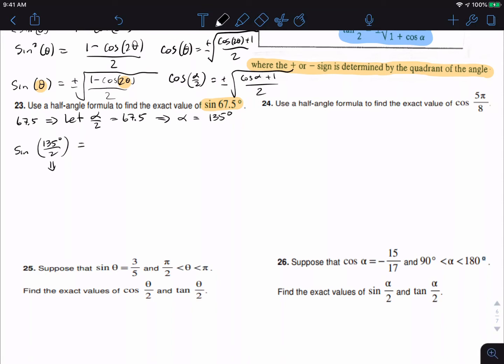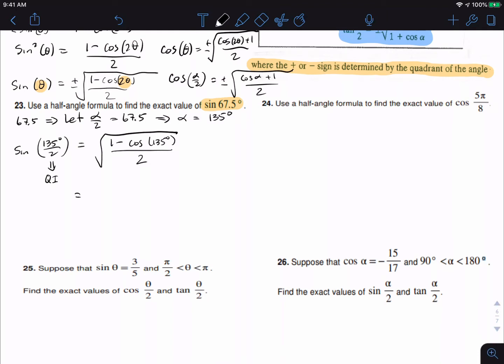So this is telling me that we are in quadrant 1. So sine is positive. So our square root will be the positive choice. And we're going to go 1 minus cosine of 135 degrees divided by 2.